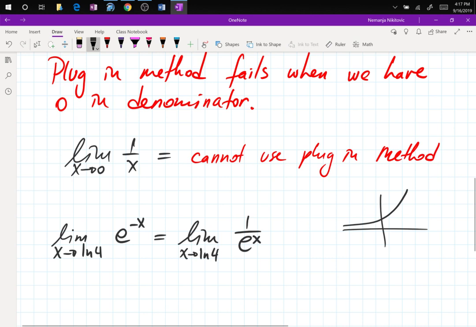So you don't have the issue of 0 in denominator ever, so you are allowed to plug in. And when you plug in, you get 1 over e to the ln 4, and then ln and e will cancel, and you just get 1/4. So it's a very simple calculation for this particular problem. But for other problems where you have 0 in denominator, well, you can't do this.